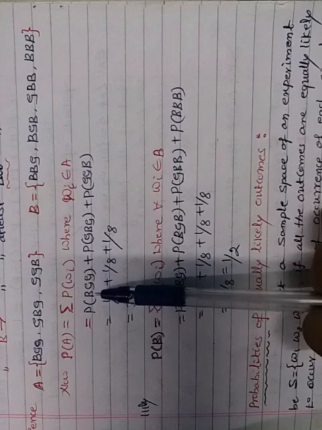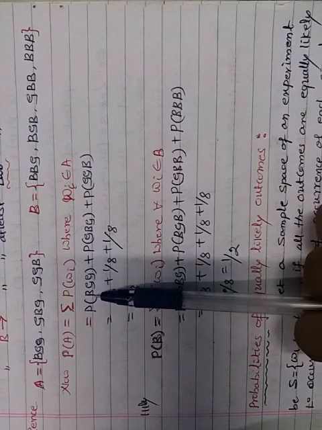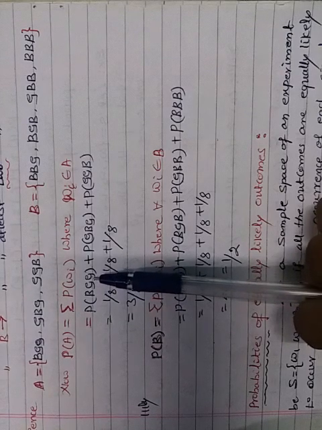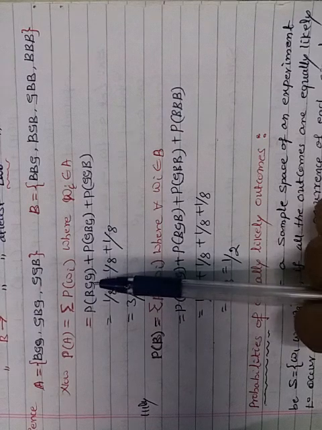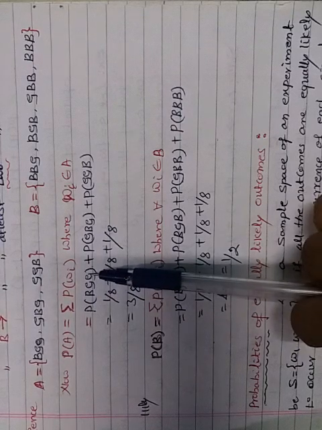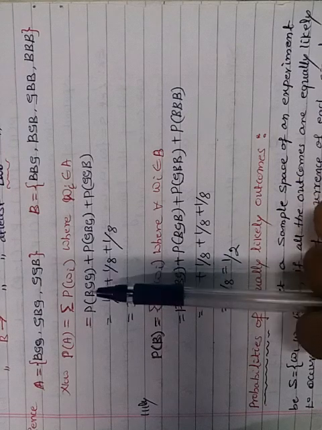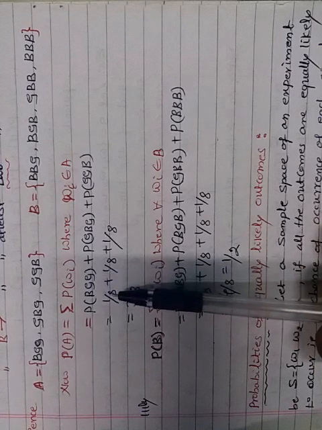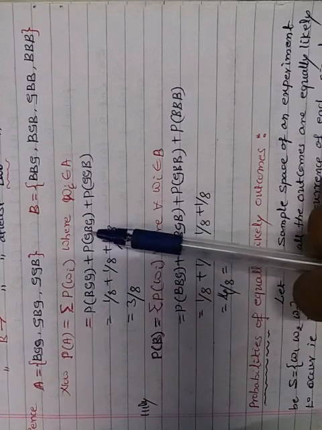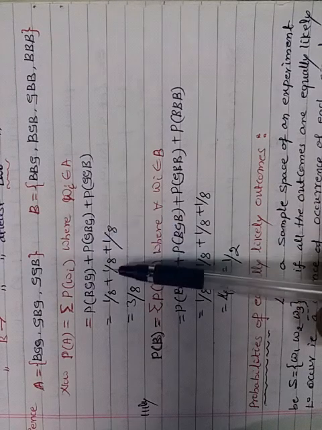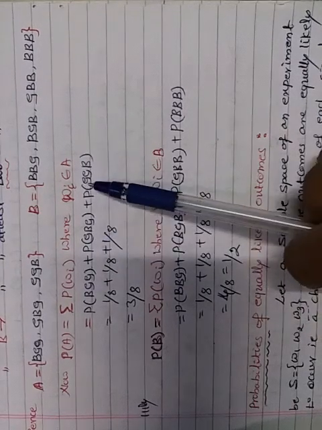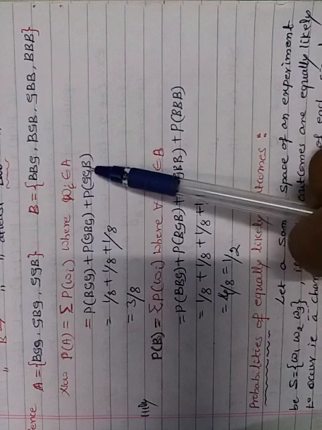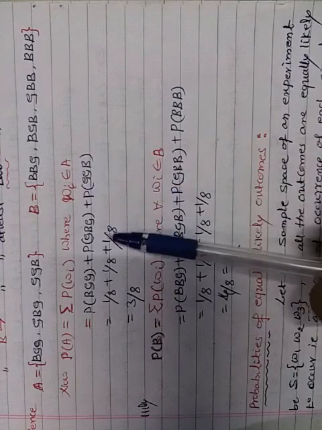P of BGG equals 1 by 8, P of GBG equals 1 by 8, and P of GGB equals 1 by 8.